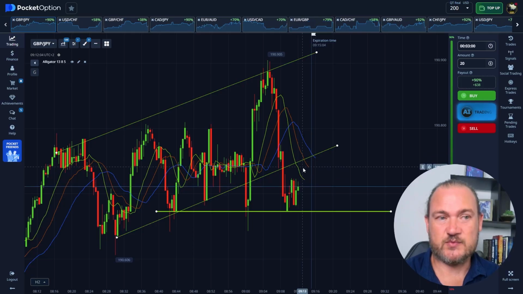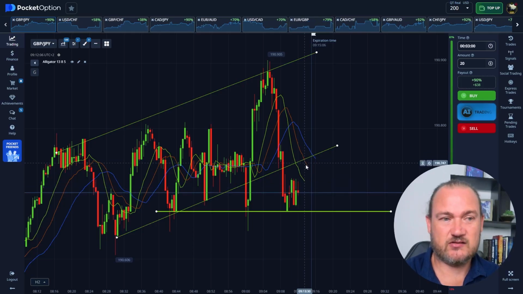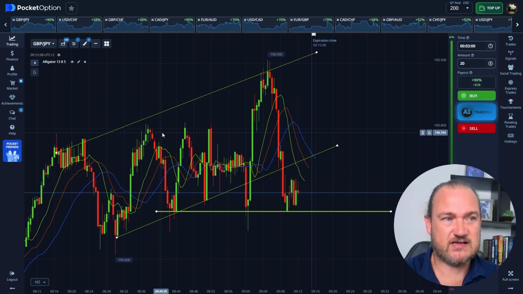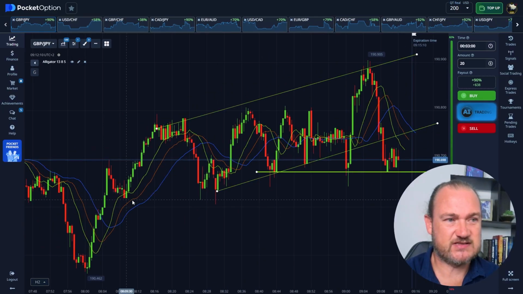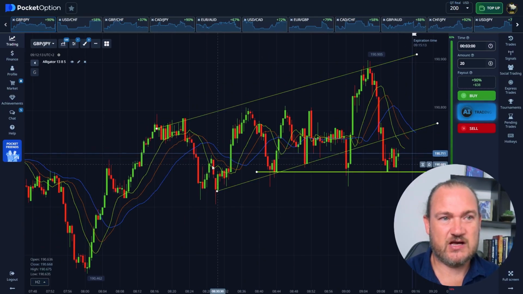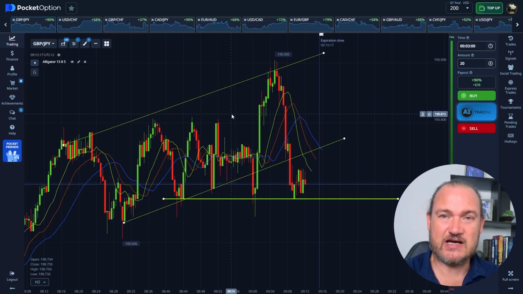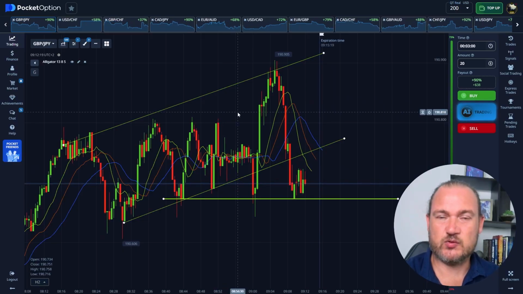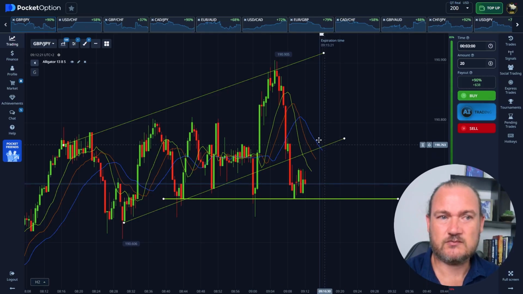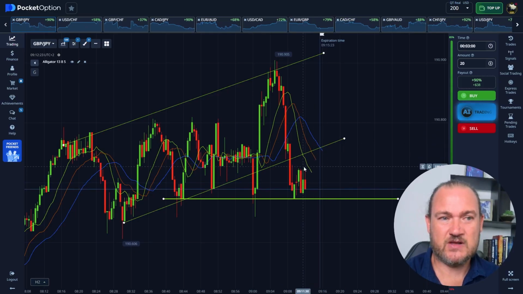If price does come up and hit, it will also hit the alligator. Now the alligator by itself also acts as support and resistance areas. We can see here, for example, how our price quite often reacts to the alligator as support or resistance areas. So the fact that it's coinciding, we can also see that price is pausing.